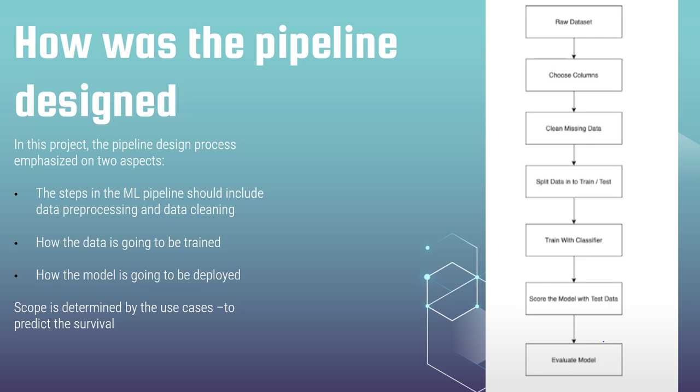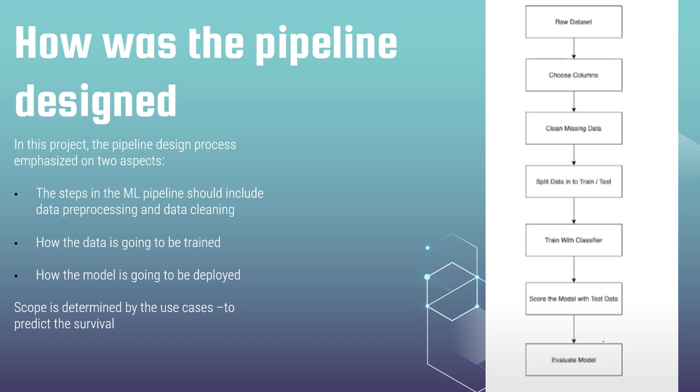Okay, so before going into more detail of the pipelines that I built, I want to talk about how the pipeline was designed, because since this is a fully DIY project, it was important to get the very general framework of how I was going to design it.